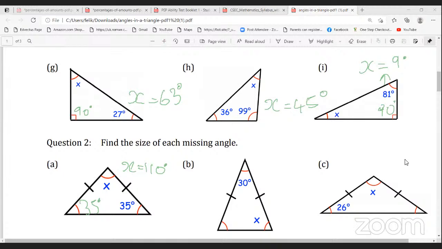Marlon, explain this one. With the two strokes on the side, what does that mean, Marlon? That the two angles measure the same. Equal. So please make a note of that. When you see those two lines on the sides, it tells you that the two sides are equal and two angles are equal.